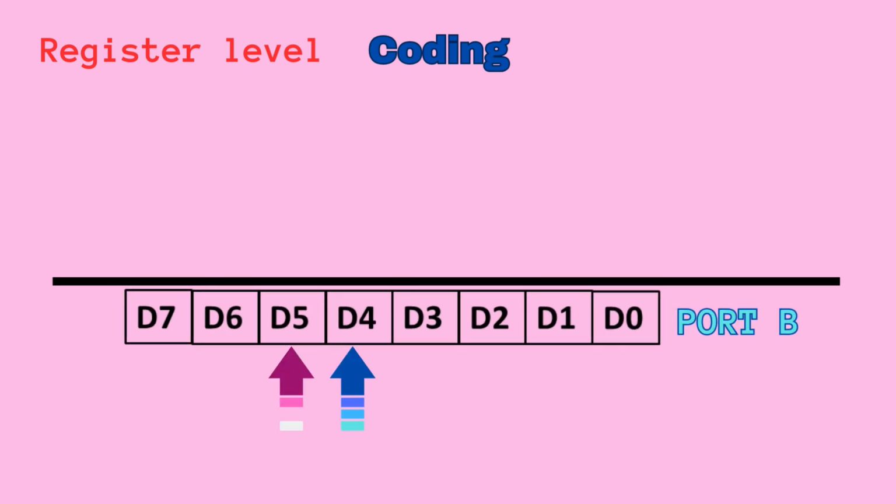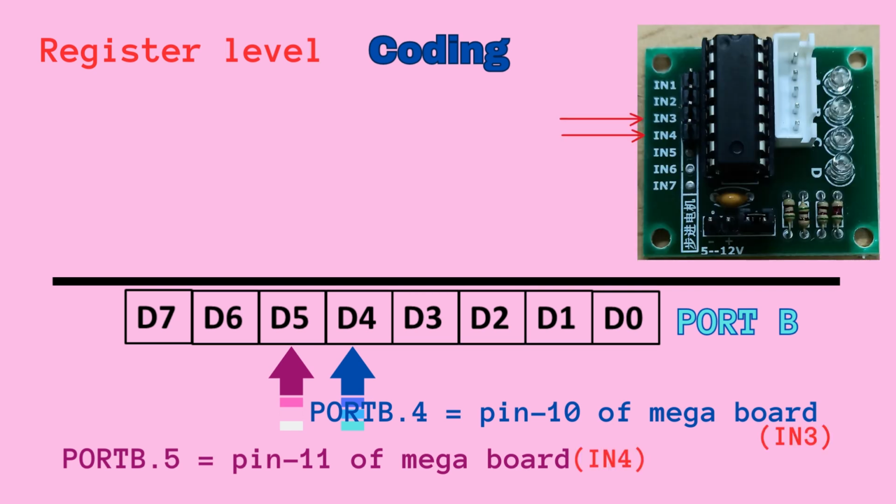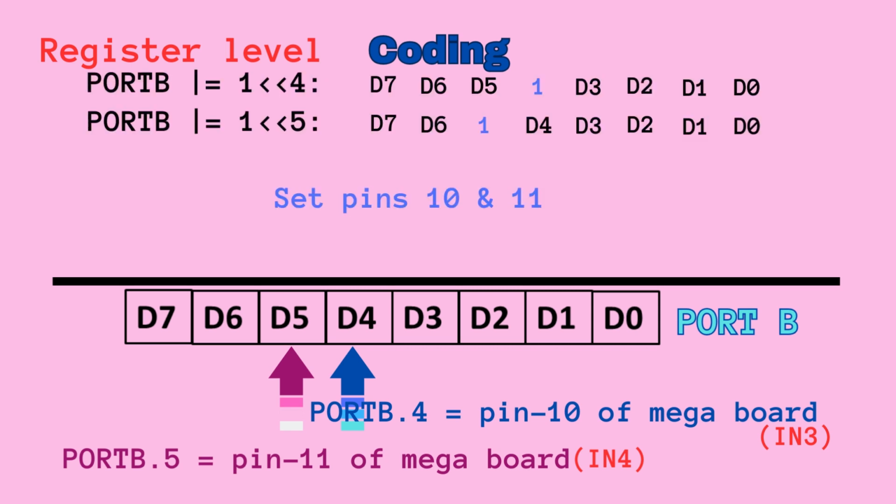The bit 4 and 5 of port B are used as pin 10 and 11 of the Mega board. They are connected to in 3 and in 4 pins of motor controller. They can be set and reset by the same technique.